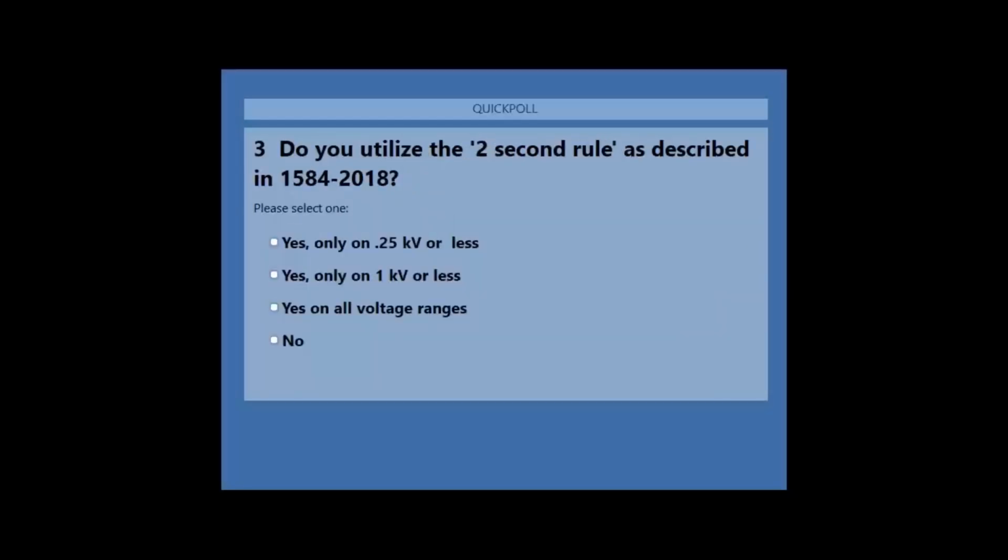And then the final poll question is, do you utilize the 2-second rule as it's described? I use the term advisedly, but as it's described in the 1584 model. Again, I expect a wide distribution of answers here too. I very frequently get copies of people's one-line or their EasyPower model where they've applied the 2-second rule across all voltage ranges.